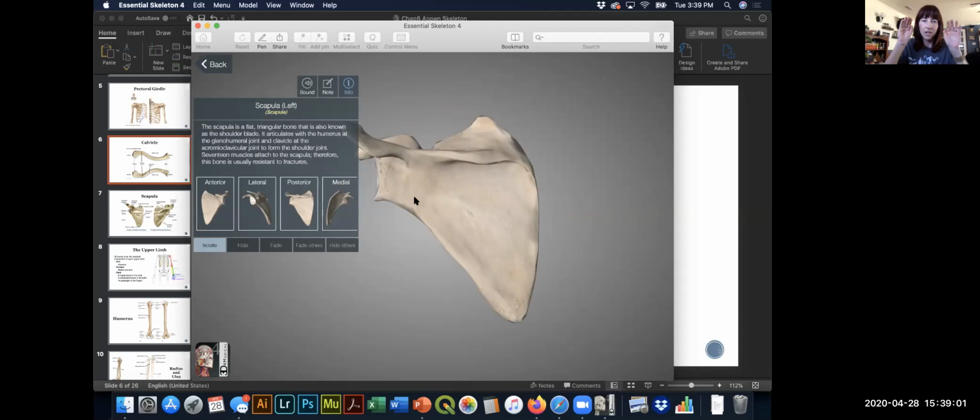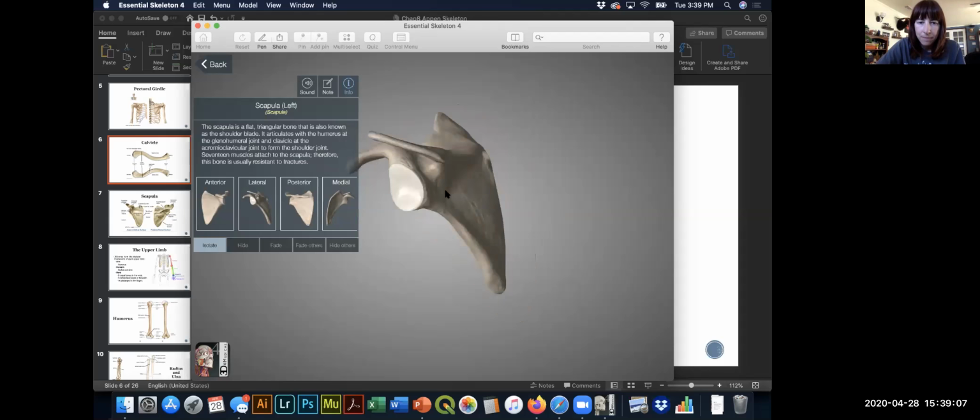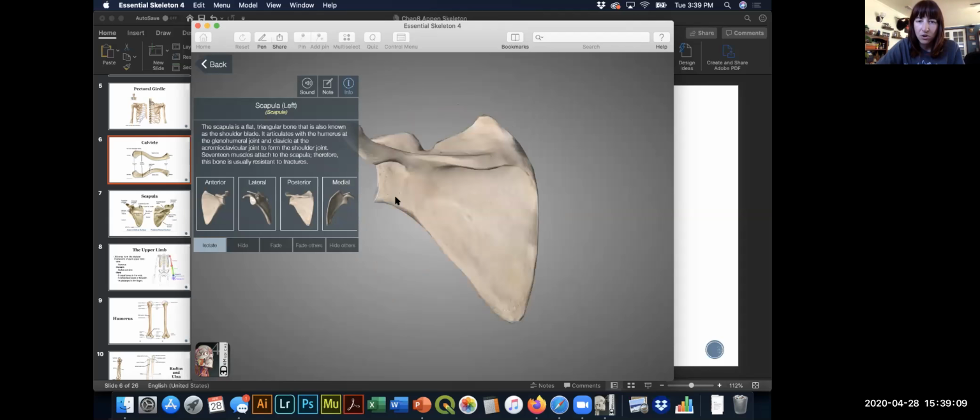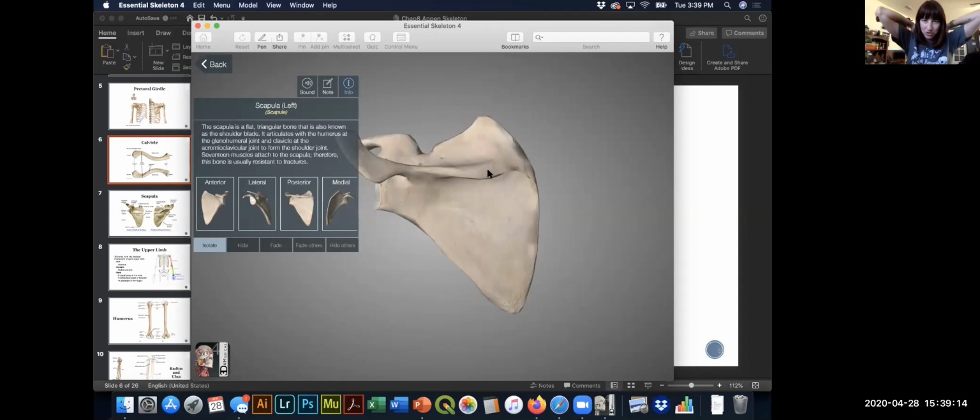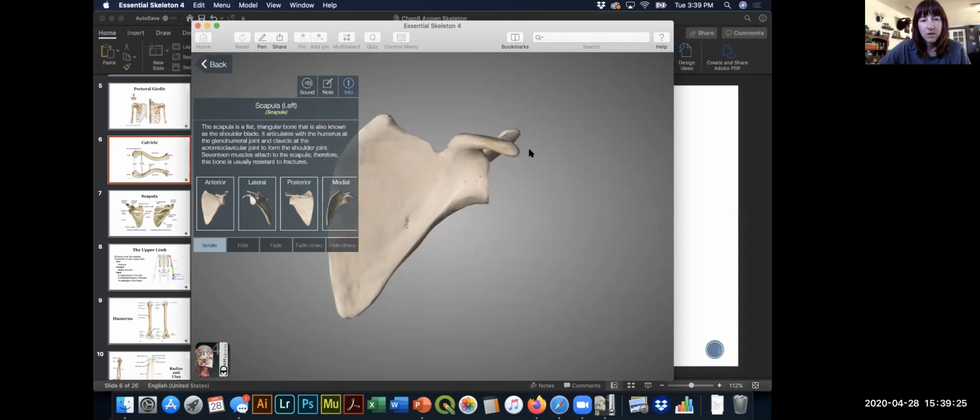And since your scapulae are sort of curved in towards your back like this, also consider that this spine is not digging into your thoracic cage. The spine you can feel from the outside. It's always on the posterior side of your scapula, okay? So you have your subscapular fossa down here.